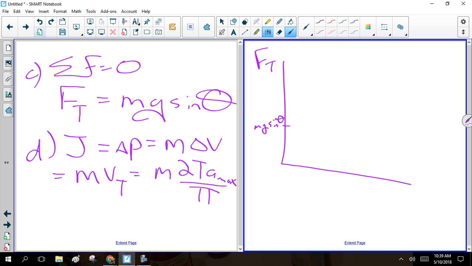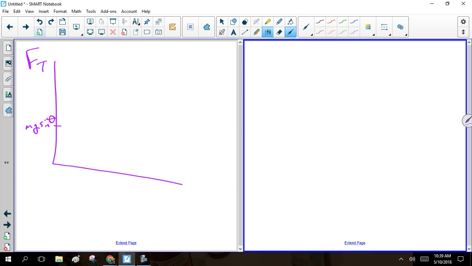This really took me a minute to wrap my head around. The idea is we know that net force is, no it isn't, sorry. We know that net force is tension minus mg sine theta, right?